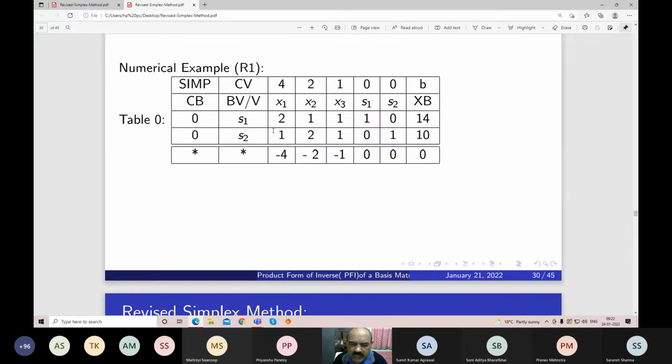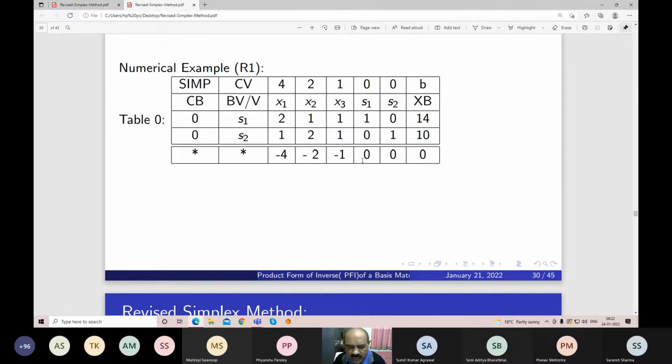With P1 equal to 2, 1, the inner product is 0, and 0 minus 4 is minus 4. With P2, 1, 2, the inner product is 0, and 0 minus 2 is minus 2. With P3, 1, 1, the inner product is 0, and 0 minus 1 is minus 1. So we have minus 4, minus 2, minus 1.